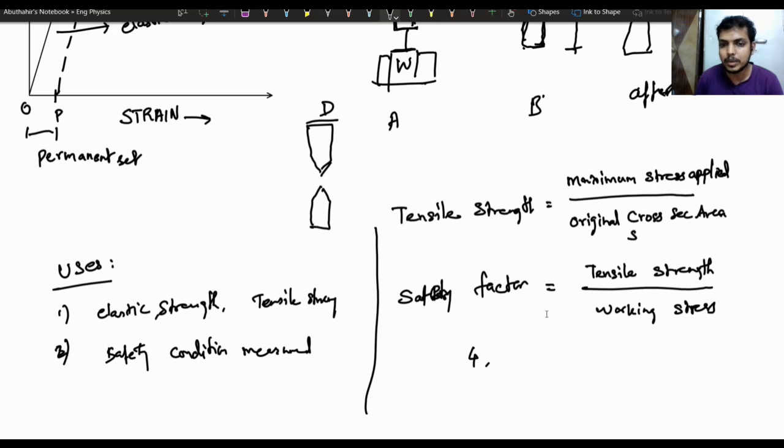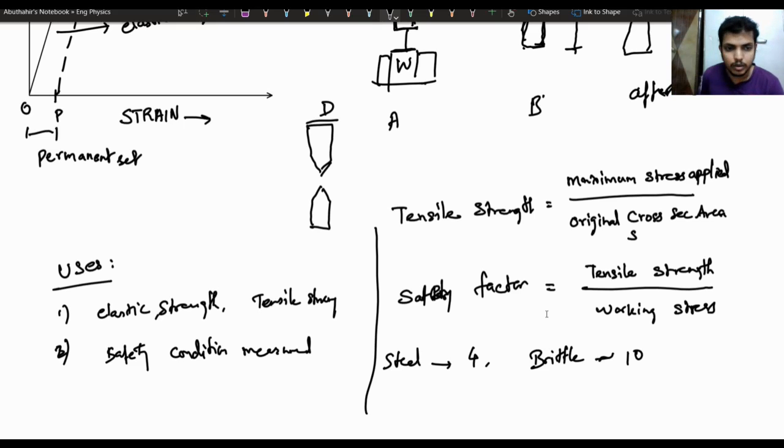When it is a brittle type of material like brick or some kind of structure, then the working safety factor will be nearly 10. Okay, so what are the applications? Accordingly we can change our safety factor limits, so for maximum utility we can find it.